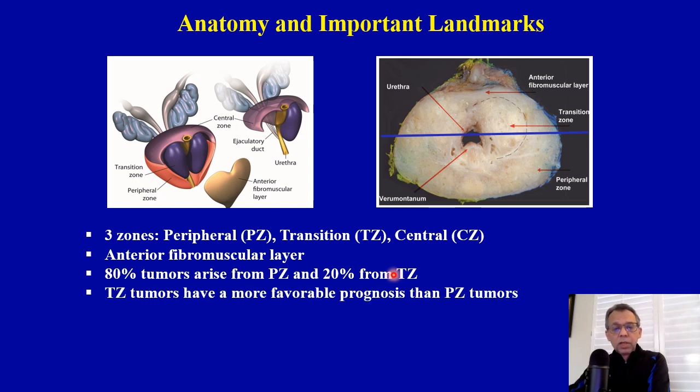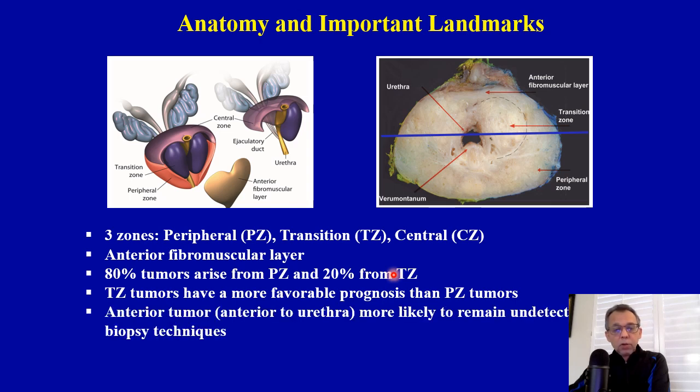Transition zone tumors have a more favorable prognosis than peripheral zone tumors. Anterior tumor, which we define as a tumor anterior to the urethra, which is shown here. So this particular part of the prostate would be defined as the anterior prostate, and is more likely to remain undetected by biopsy techniques.